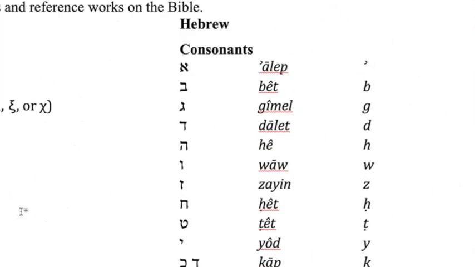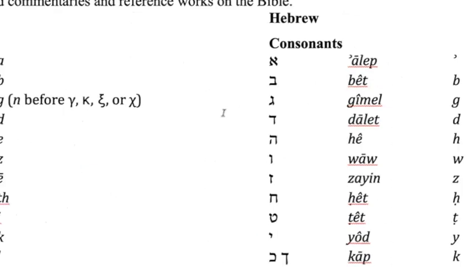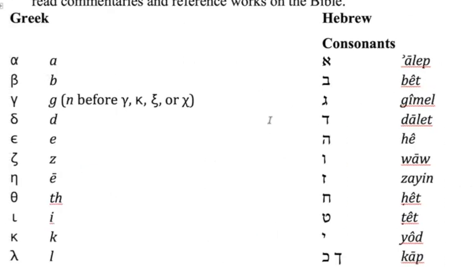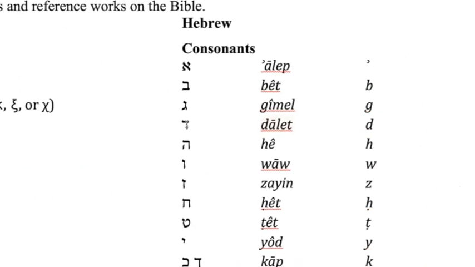Now, Hebrew is a little more difficult. It has some similarities to Greek and English, but the letters look different. So Aleph is the first. It's transliterated like an apostrophe, and it really doesn't make a sound, but it's kind of like an A. Bet is a B sound.